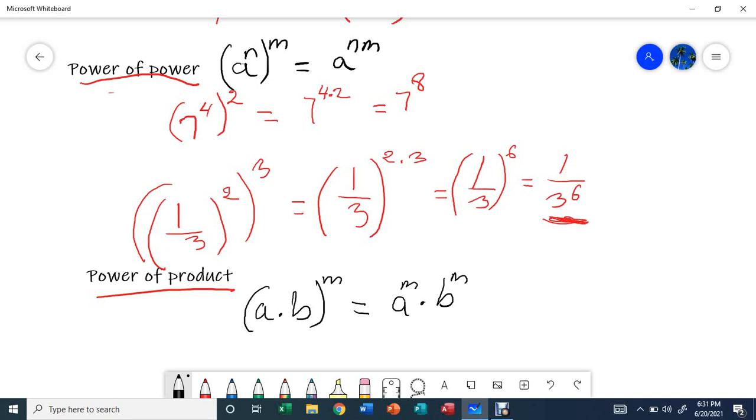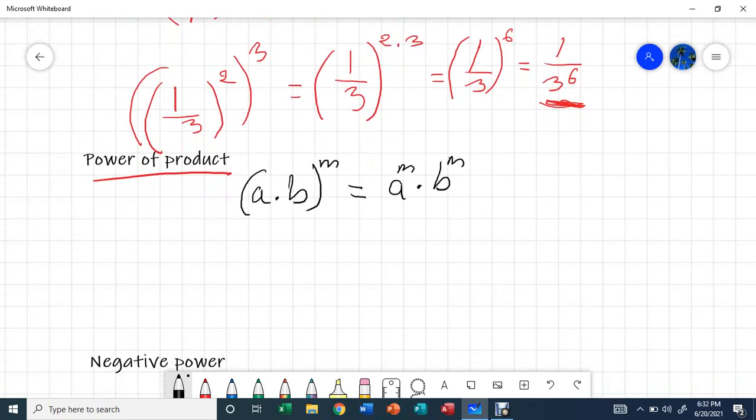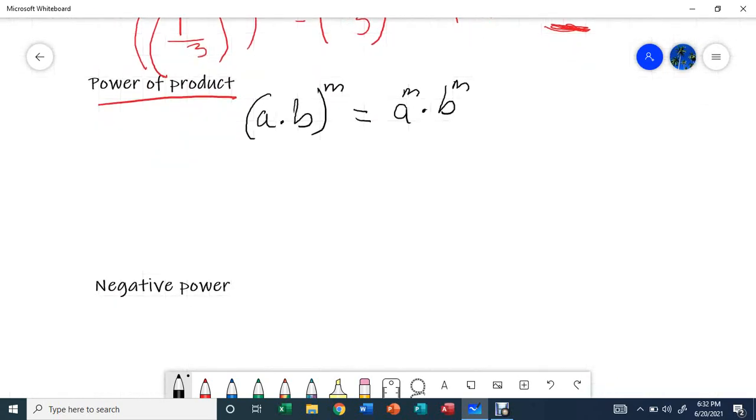Example, just 1 second, need more room here. So example, 5 times 4, the whole thing to the 4th power. It's going to be 5 to the 4th times 4 to the 4th.